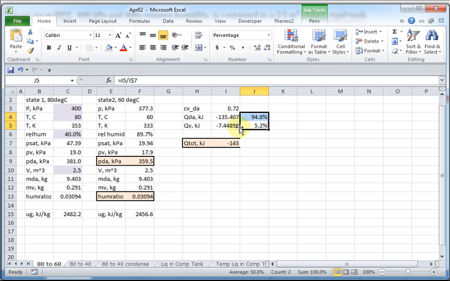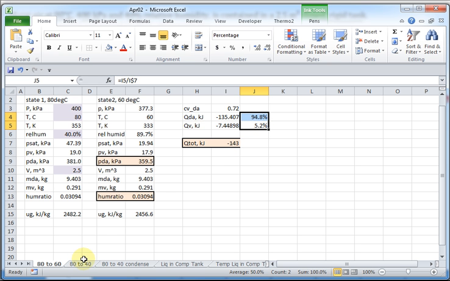Now, it is a small amount to cool the moisture, but look, the humidity ratio is about 3%. So it's only 3 kilograms of vapor per kilogram of dry air. So this looks all about right.